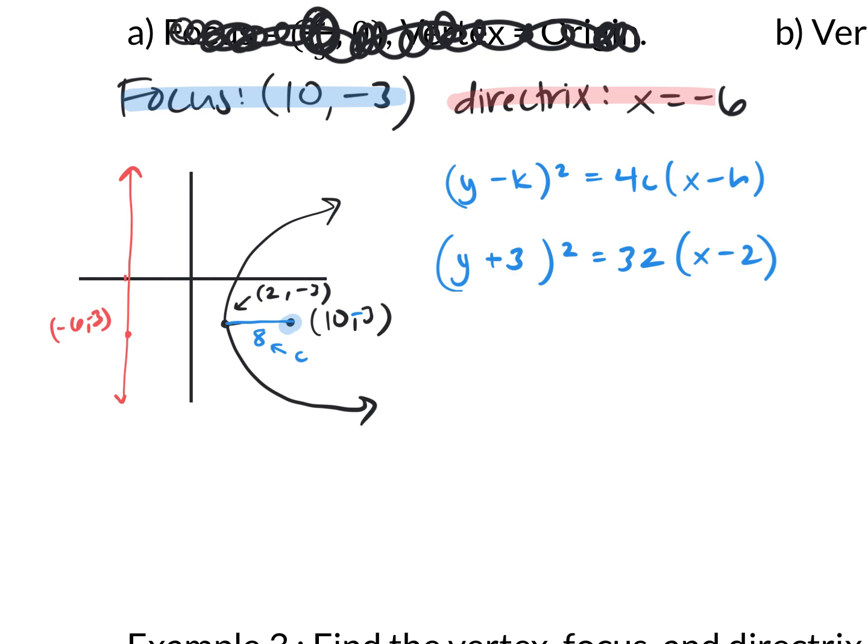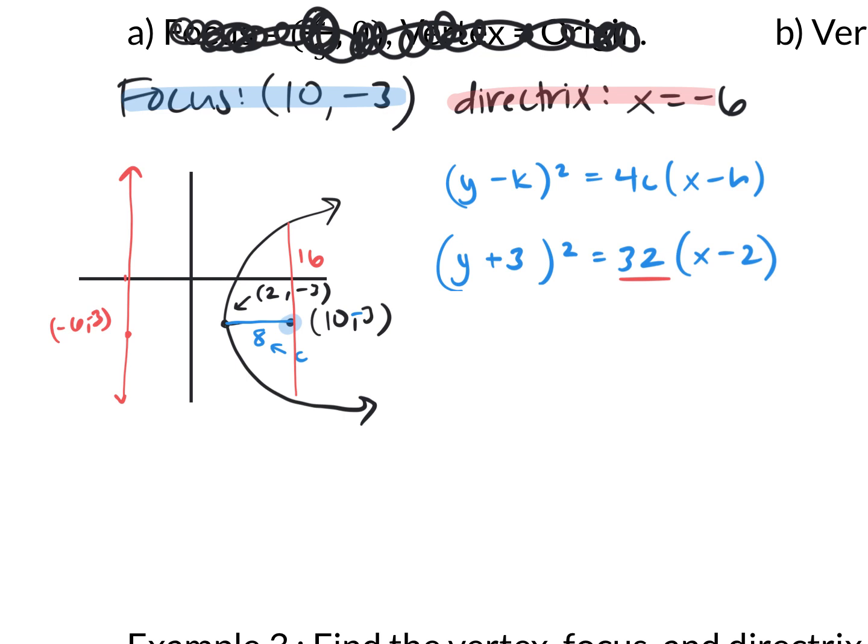Again, reminder, if you know that this is 32, that's your focal diameter, so this whole distance going through the focus would be 32, which means that half of it would be 16, and then another half of it would be 8. So if you're given any of those pieces of information, or if you're given that the directrix is so far away from your vertex, you should be able to find the rest of those things, right? Does that kind of make sense?